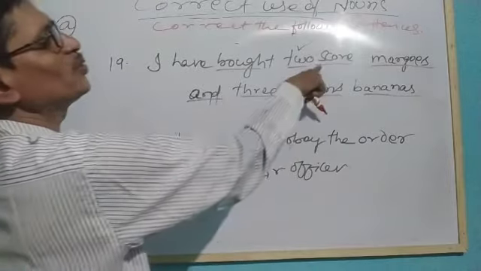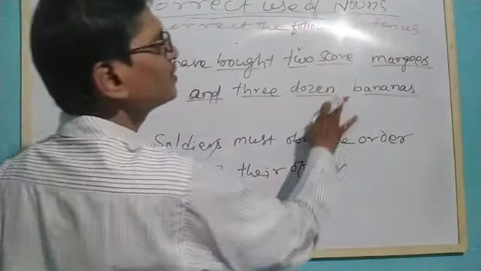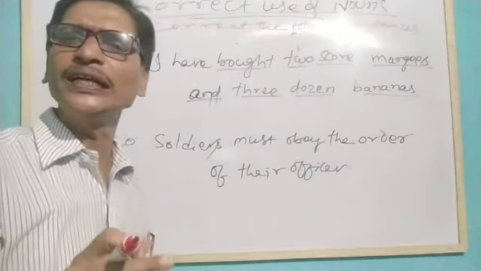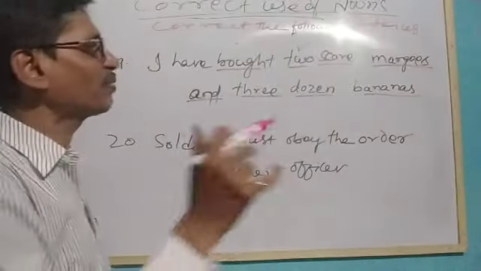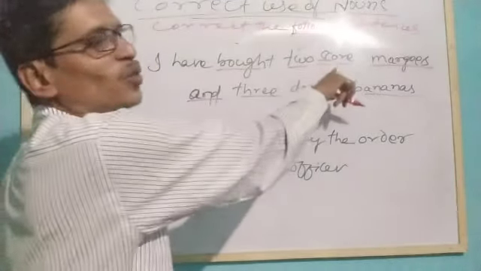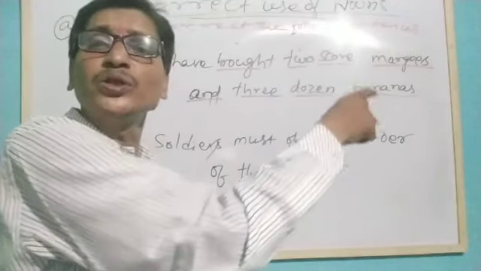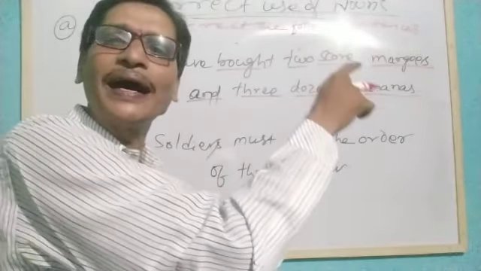We can make it 2 score mangoes and 3 dozen bananas. Then only our sentence is correct. Instead of 2 scores mangoes, we write 2 score mangoes, and instead of 3 dozens bananas, we write 3 dozen bananas.